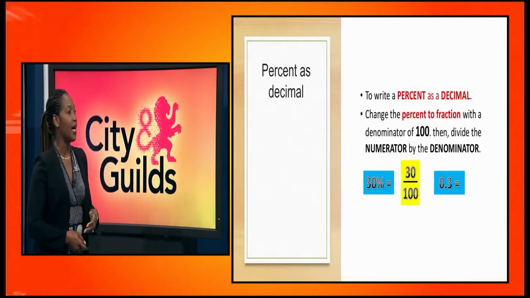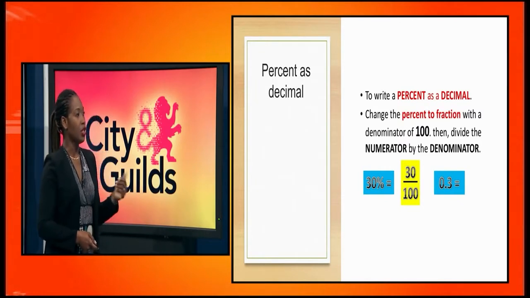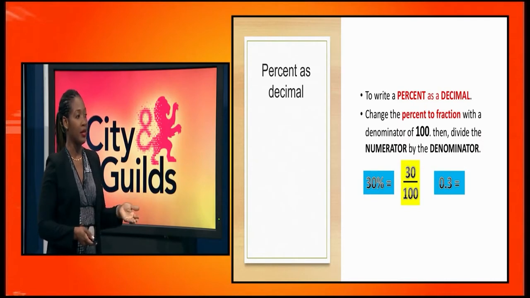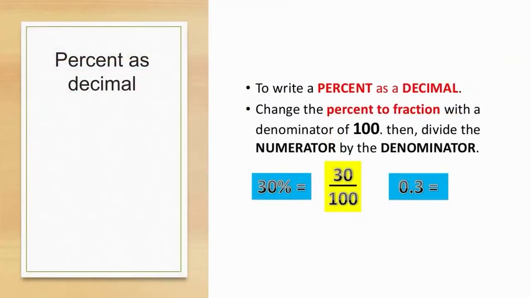Let us look at writing a percent as a decimal. Change the percent to a fraction first. For instance, in this example, we're starting with 30%. Remember, percentage has to do with out of 100. So 30% as a fraction is 30 out of 100.